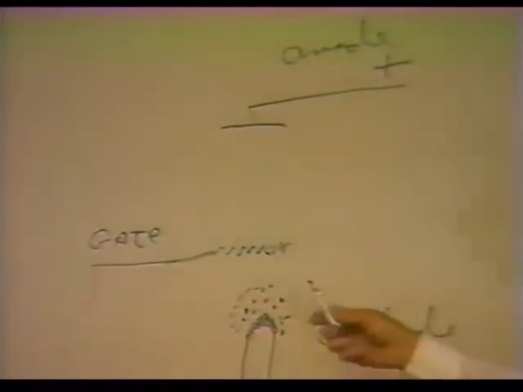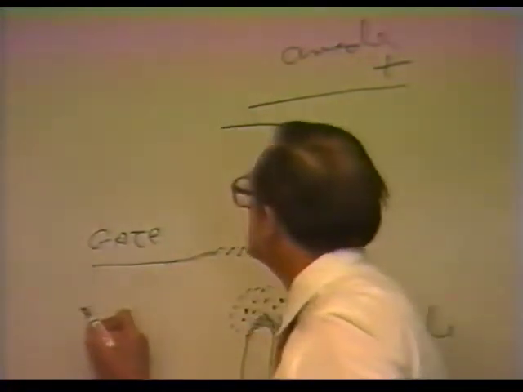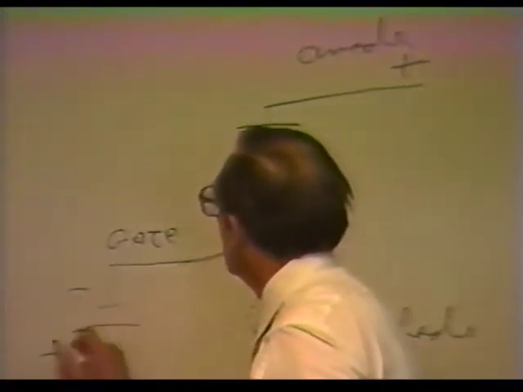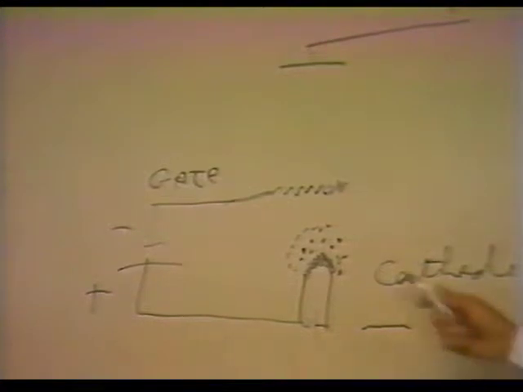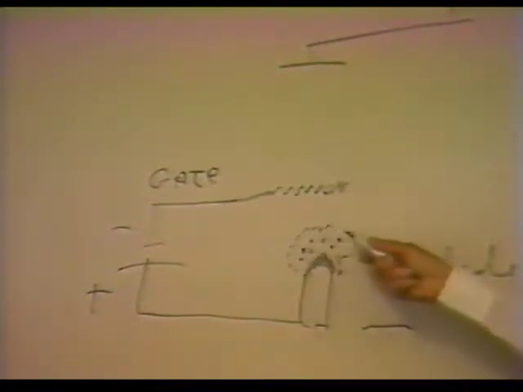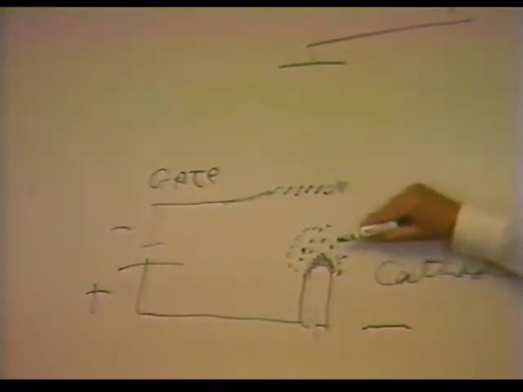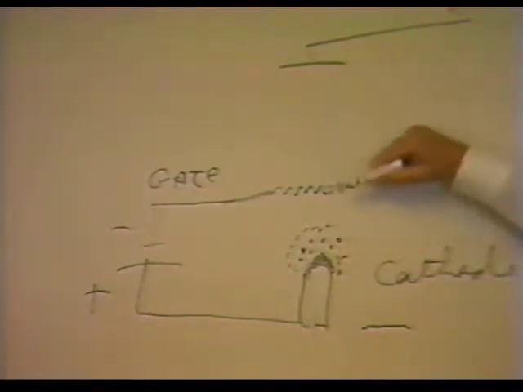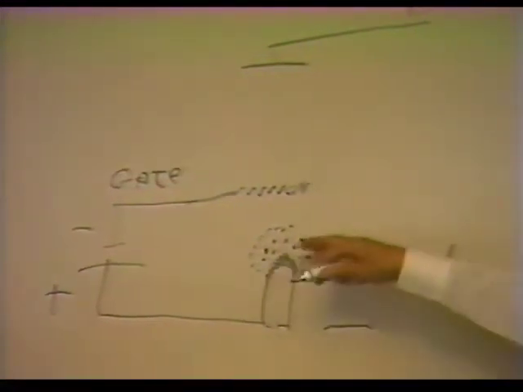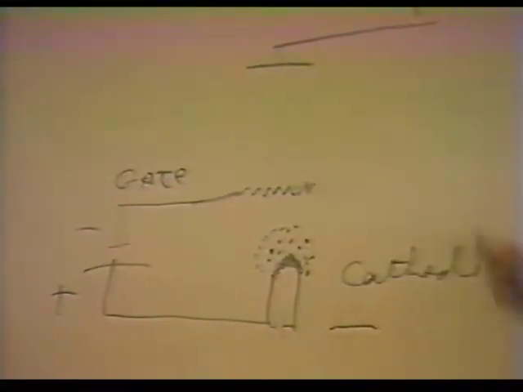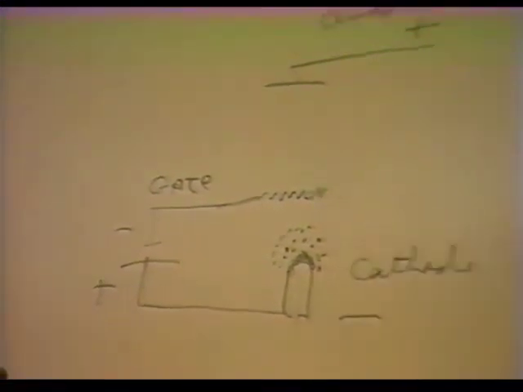Now, if you put a negative charge on this gate, and the electrons were bubbling around here, it cut off the path of the electrons between the cathode and the plate because the negative charge repelled the electrons and they stayed in this general area. So that you could apply a voltage to the anode and it would hold this voltage off.